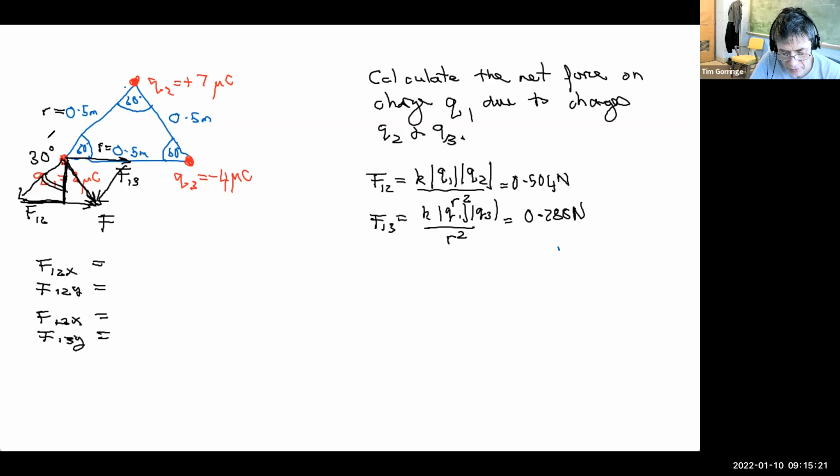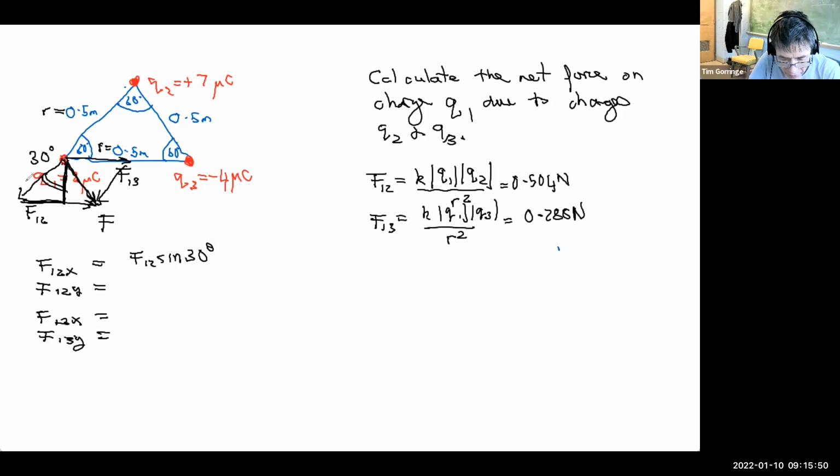And so we can use that information to figure out the magnitude of the horizontal component of F12. It's the opposite side of this triangle. So it would be F12, the magnitude of the force, times the sine of that angle, 30 degrees.